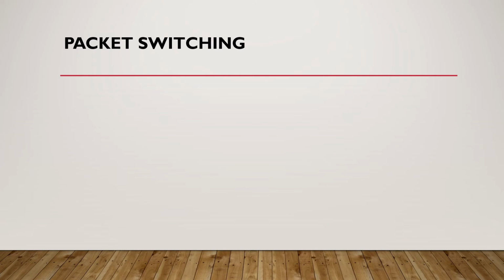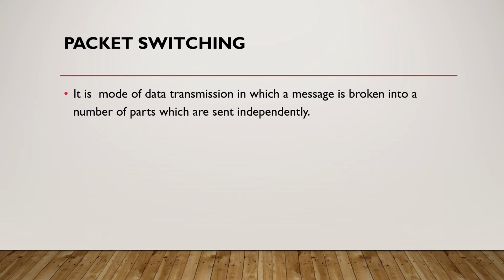Next one is packet switching. Packet switching is a switching technique in which the message is sent in one go, but it is divided into smaller pieces and they are sent individually. That means it is a mode of data transmission in which the message is broken into a number of parts, which are sent independently over whatever route is optimum for each packet and reassembled at the destination.